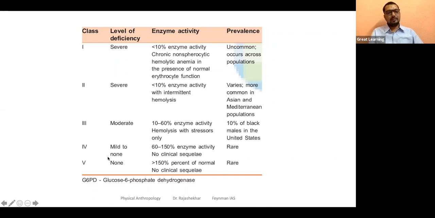We mentioned at least three possible categories here, where deficiency varies, the effect also varies, and population-wide variation can also be seen to some extent here. Okay, right.